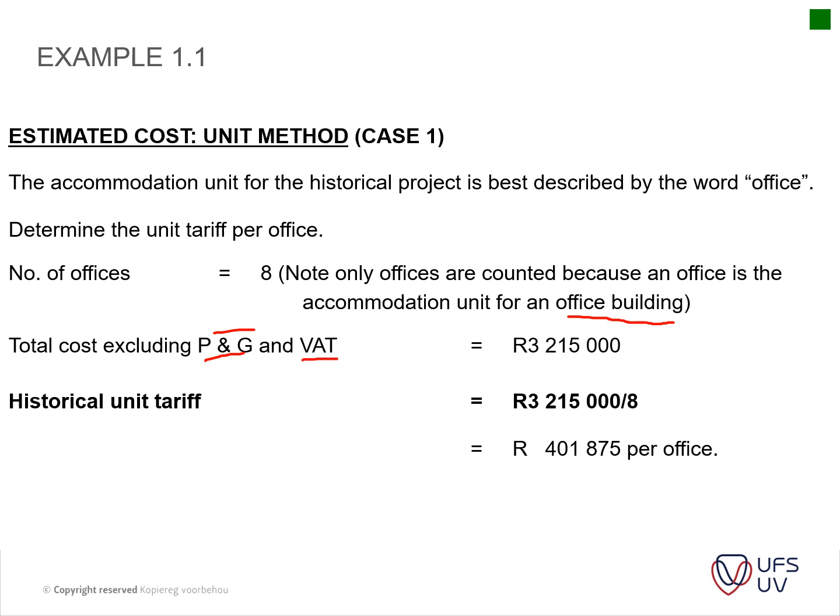So your historical unit tariff is just this amount divided by 8. You get your unit tariff of 401,875 Rand per office. Very straightforward for now.